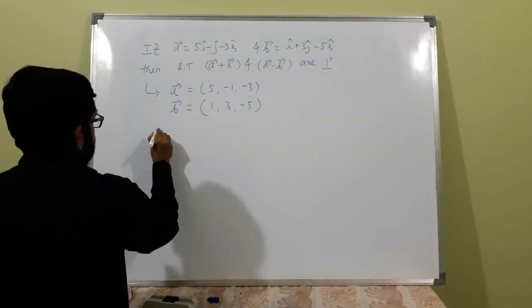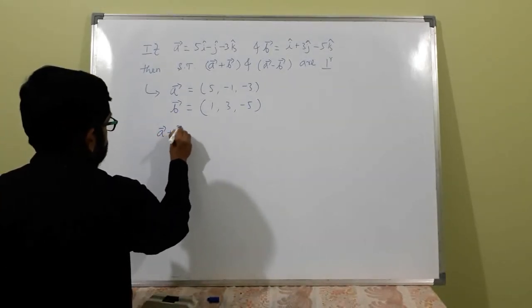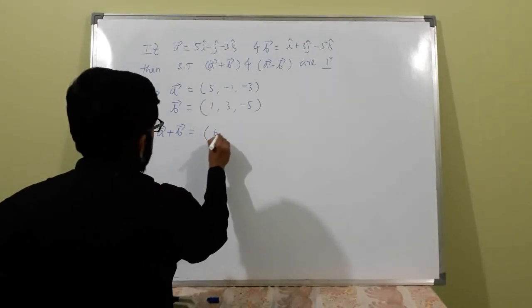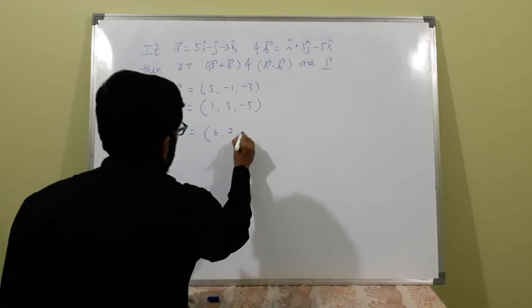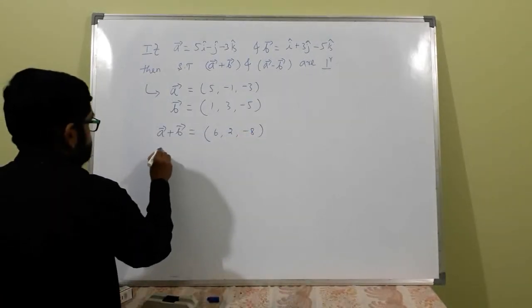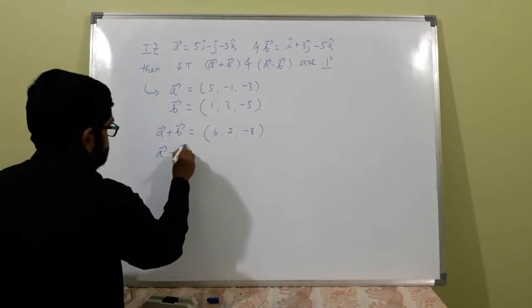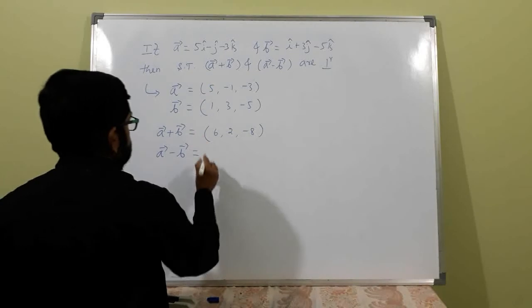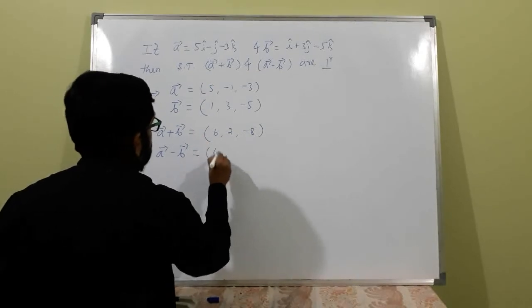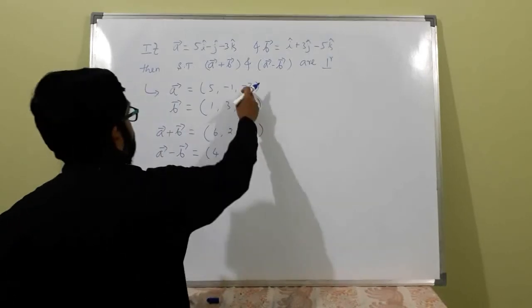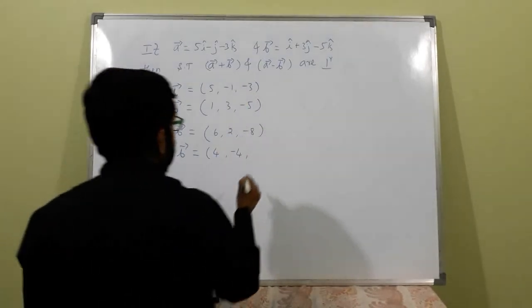Vector A plus vector B is, add these, 6, 2 and minus 8. A minus B is, subtract these: 5 minus 1 is 4, minus 1 minus 3 is minus 4, minus 3 minus of minus 5 is plus 2.